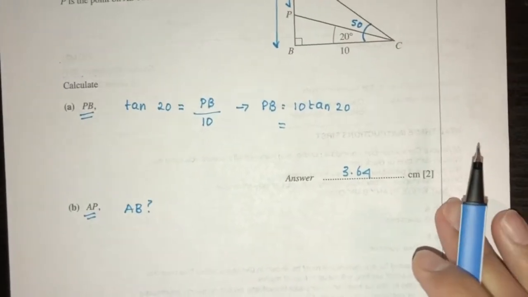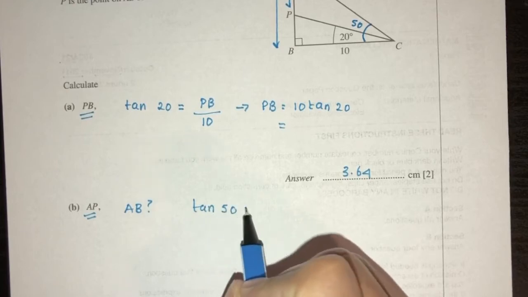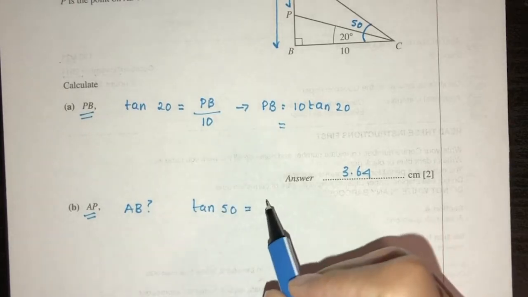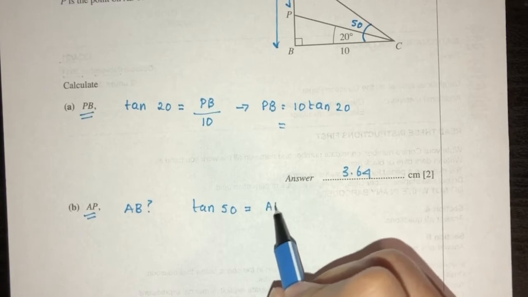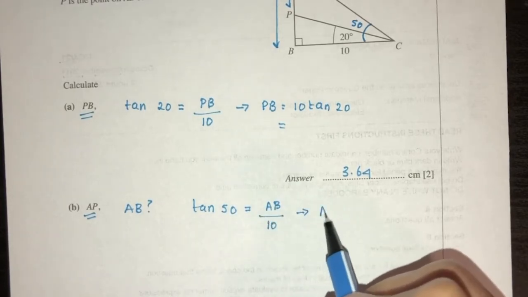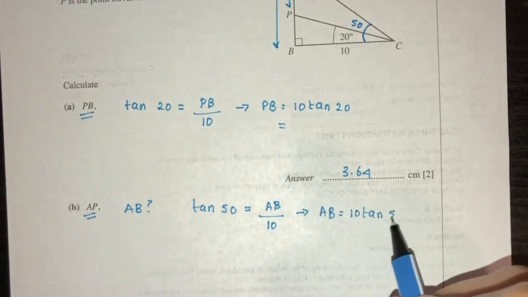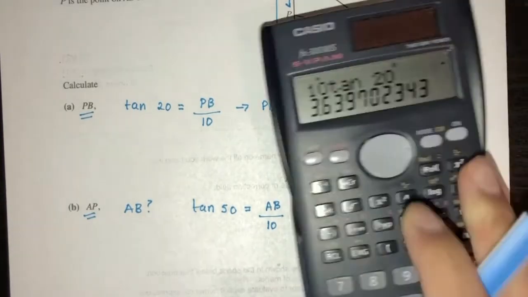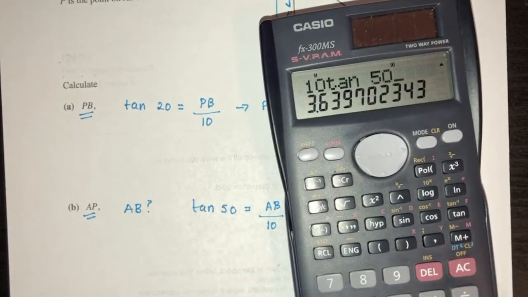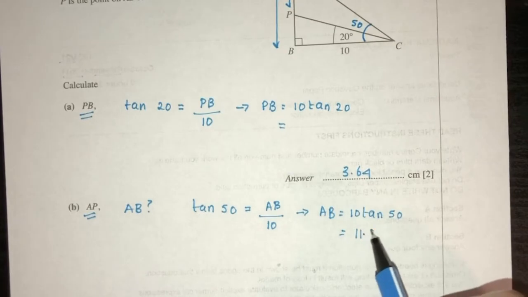So tan of 50 is equal to your opposite side, which is AB, over 10. So AB is equal to 10 tan of 50. That should be 11.917 correct to 3 decimal places.